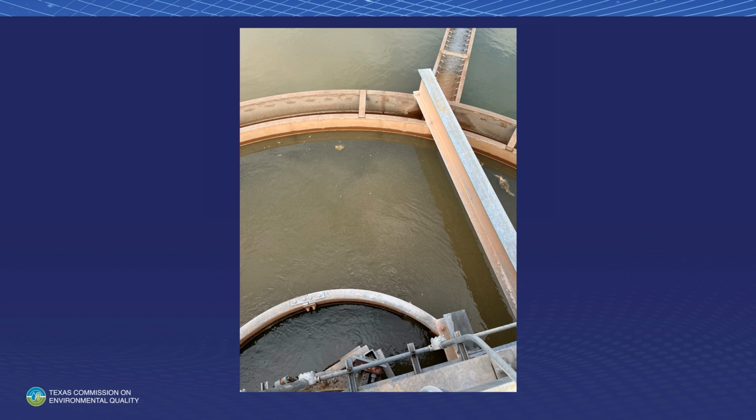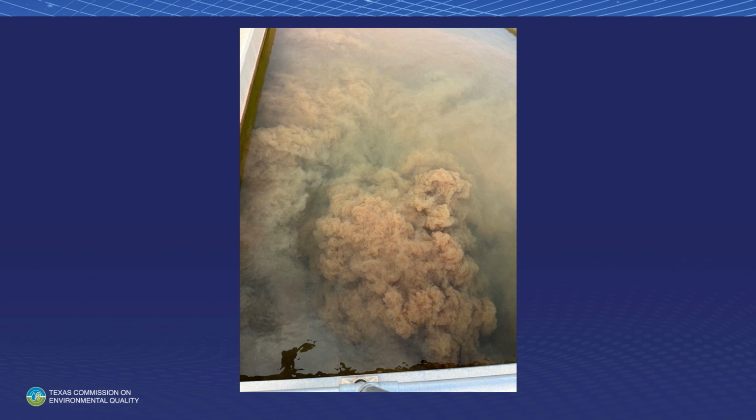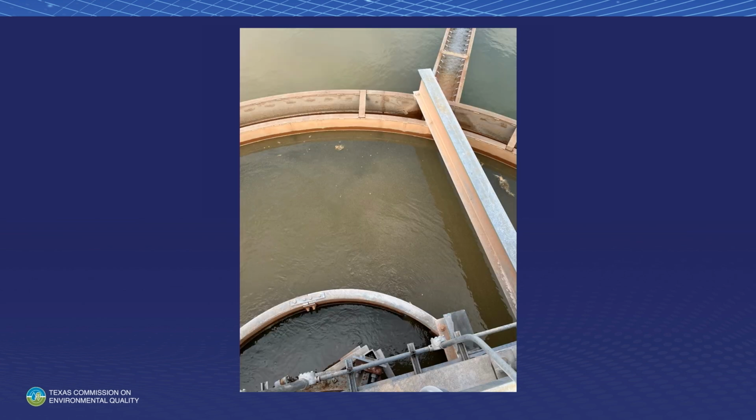Well, we ran a sludge judge on that thing, and on the south side where I had all of this business going on, that sludge judge was full from the bottom to the top. I didn't have any 2-foot separation or anything like that. It was completely full of sludge. On the other side, even though this doesn't look all that good, he actually had about a 2-foot blanket at the bottom. We were trying to figure out what in the world was going on with this sludge blanket.